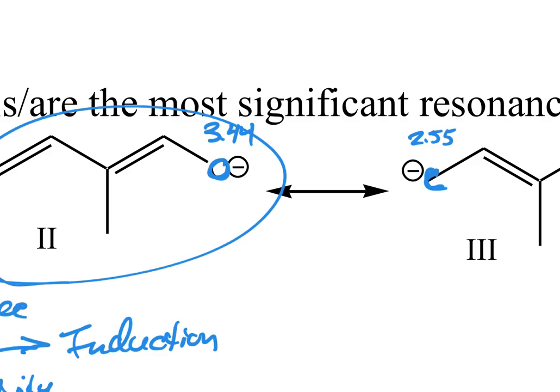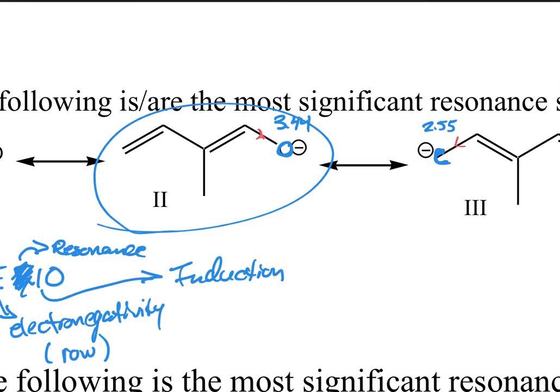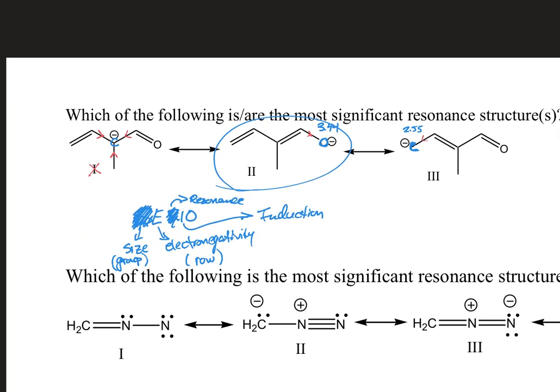The oxygen here has just 1, and the carbon here also has just 1. So induction can differentiate between 1 and 3, because the negative charges are both on carbons for those two. So 3 is more stable than 1, but they're each less stable than 2.